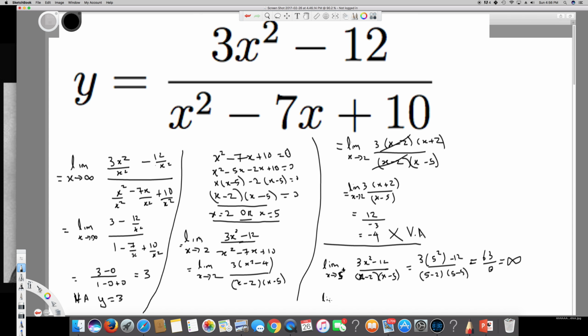When x approaches from the left side, it's going to be the same thing. You're going to put 5 anyway, so it's going to be infinity too. Therefore we know this is the vertical asymptote. Therefore the vertical asymptote is equal to x is equal to 5. This is my final answer.